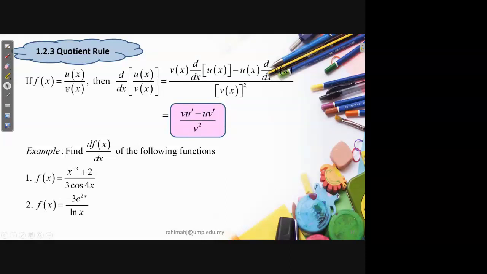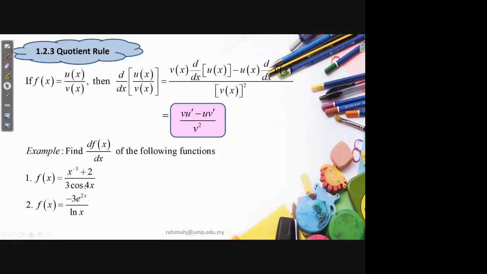There is a specific rule: the numerator must be chosen as u and the denominator as v. Then you substitute into the formula u prime v minus v prime u over v squared. Because we have a negative sign here, I cannot pick u and v randomly. Numerator is u, denominator is v.